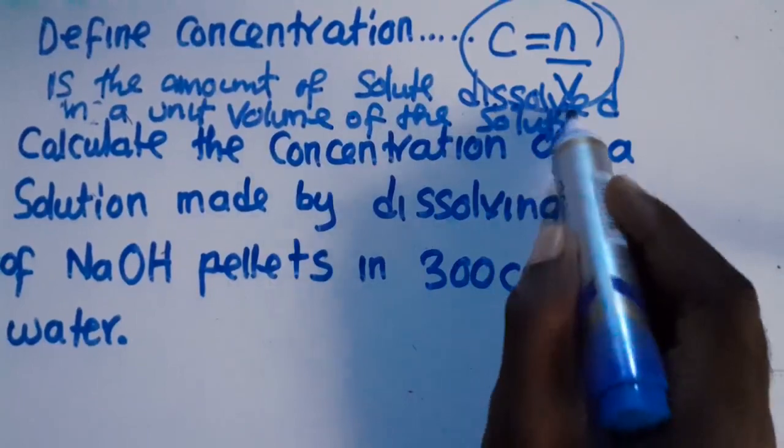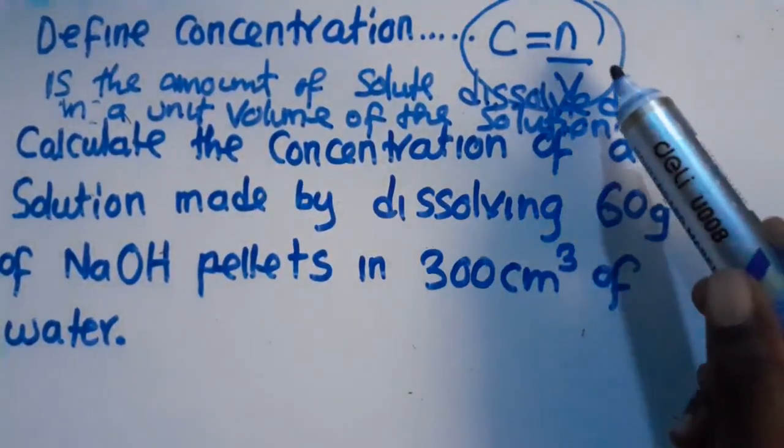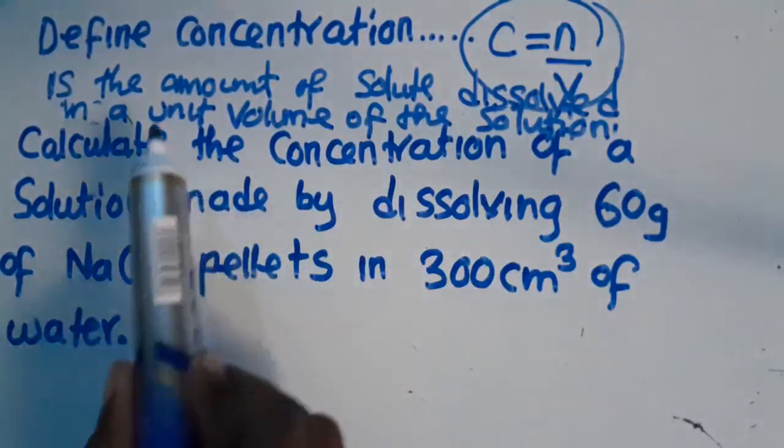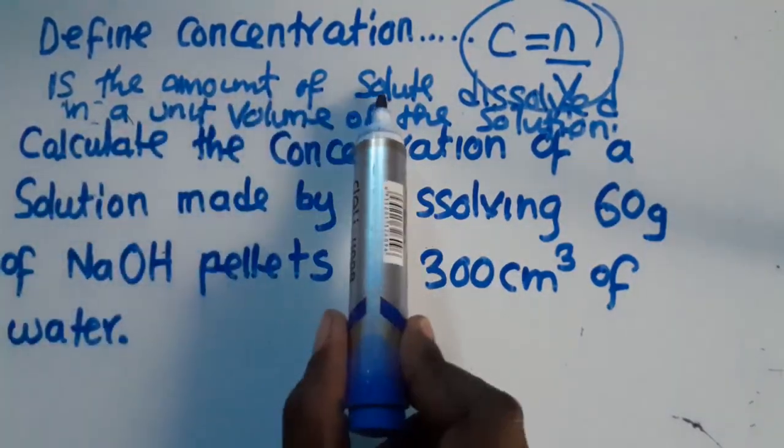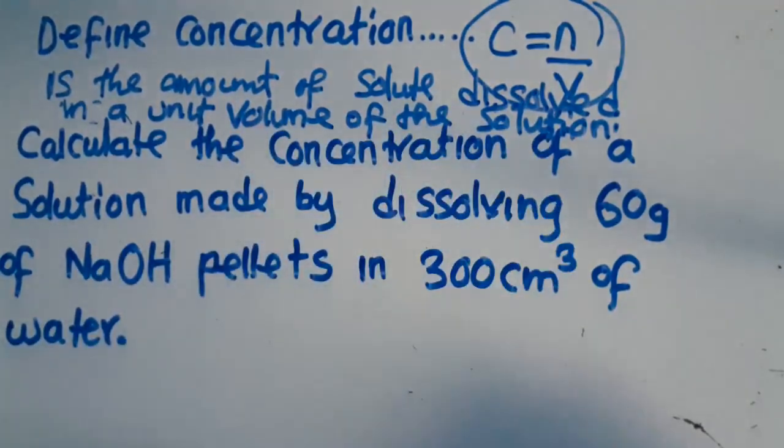This is the definition for concentration. Just looking at this particular formula, concentration is the amount of solutes dissolved in a unit volume of the solution. This is the definition that you need to understand. So just like that, you define what concentration is.